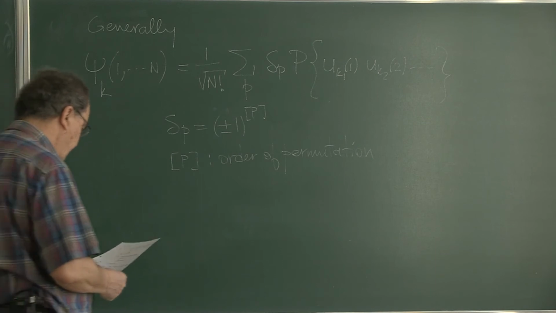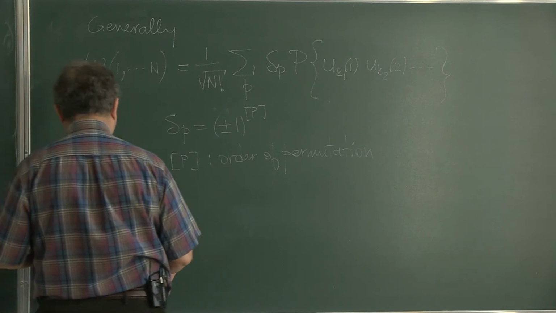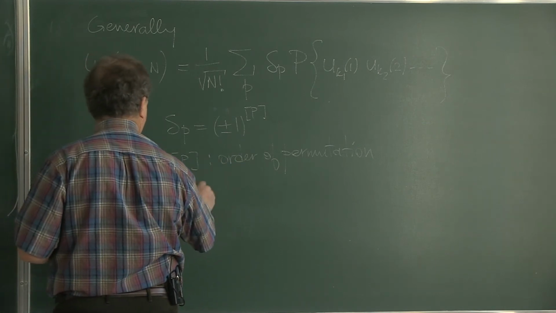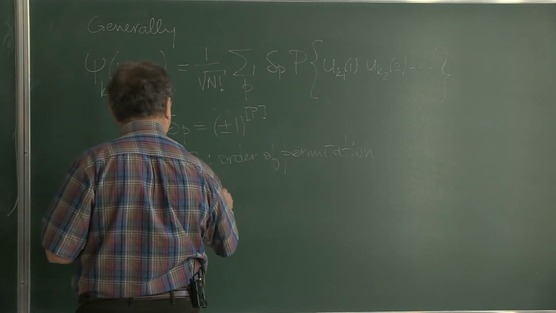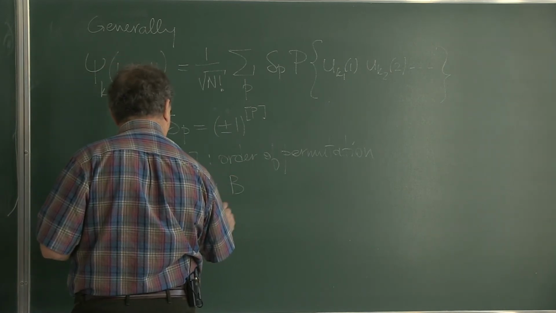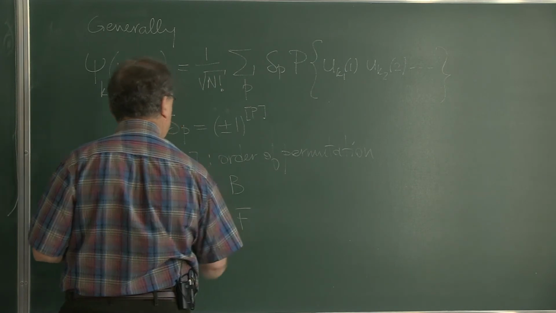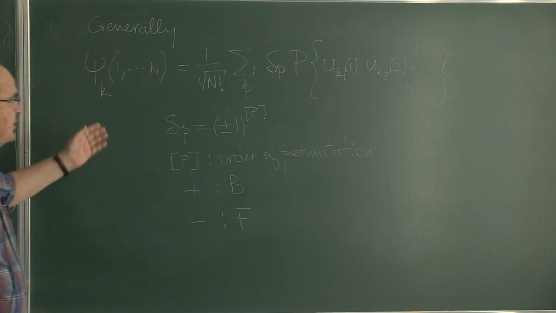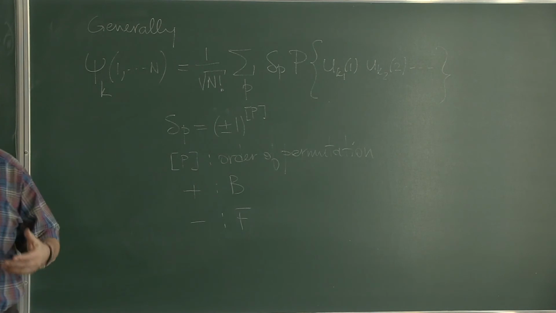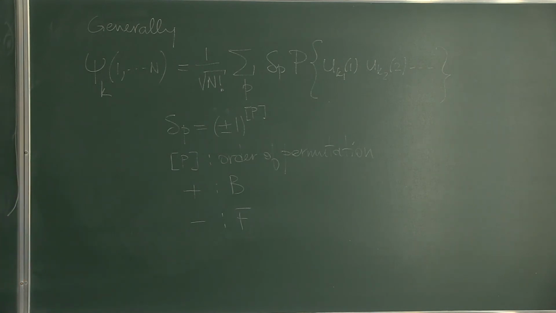So, plus is for bosons and minus is for fermions. If under these operations the wave function doesn't change its sign, you are dealing with bosons. If it changes sign for an odd number of permutations, then you are dealing with fermions.